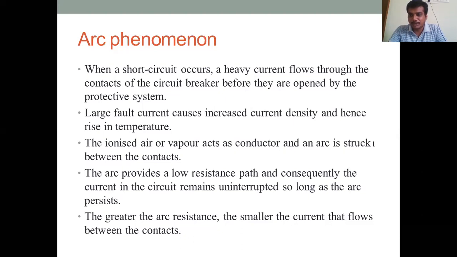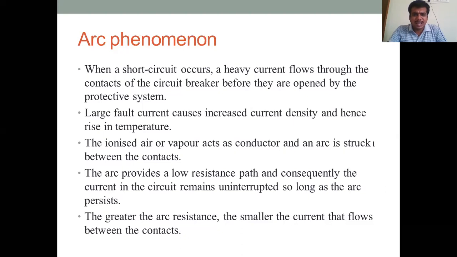The relay coils will be energized and will operate the trip circuit. The trip circuit will now open the circuit breakers, meaning the two contacts of the circuit breaker will be opened. This is what we normally use for protection purposes in power system applications.